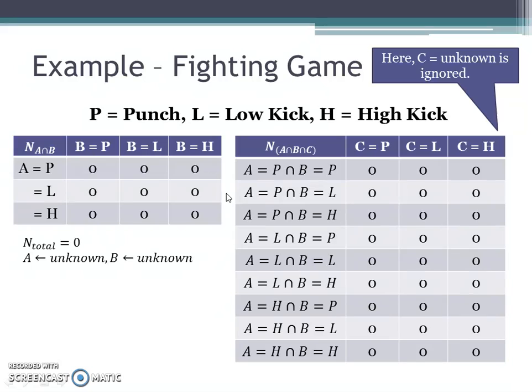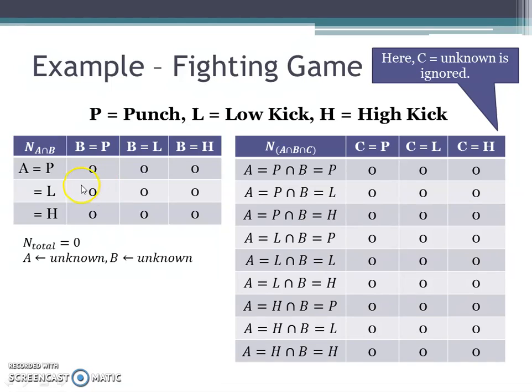The first tabulates the value of N of A intersect B, where A can be any of these strikes and B can be any of these strikes. So this is actually a 9 times 9 table that stores the number of occurrences given A equals a certain strike and B equals a certain strike.